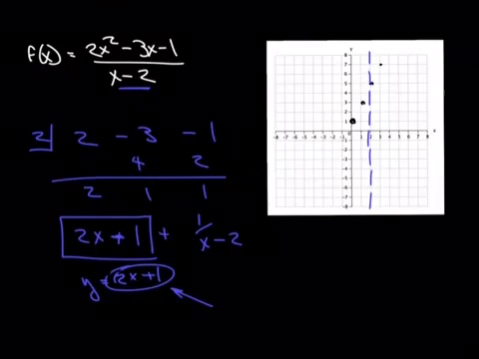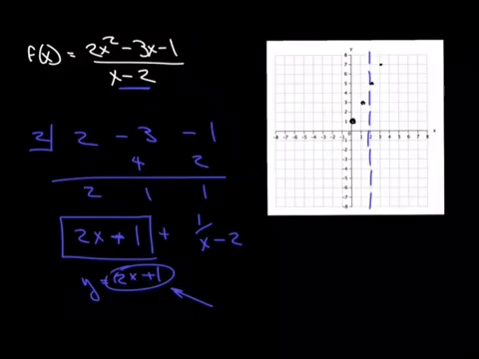Okay, so there is our oblique asymptote. And then when we actually graph that, our graph is going to be there, and it's going to be there. So that's how you find the oblique.